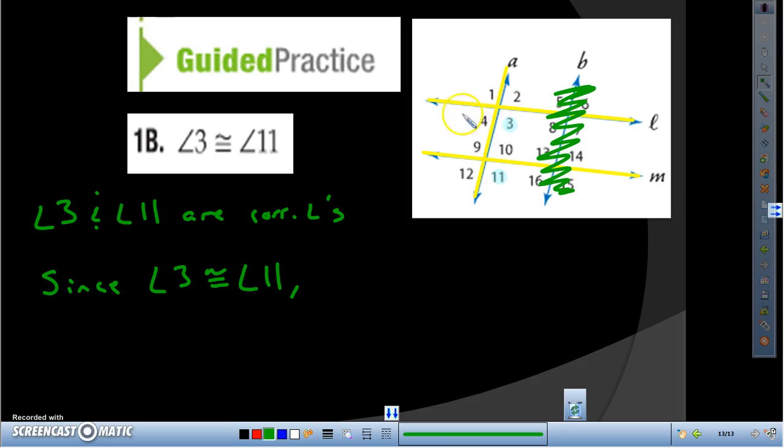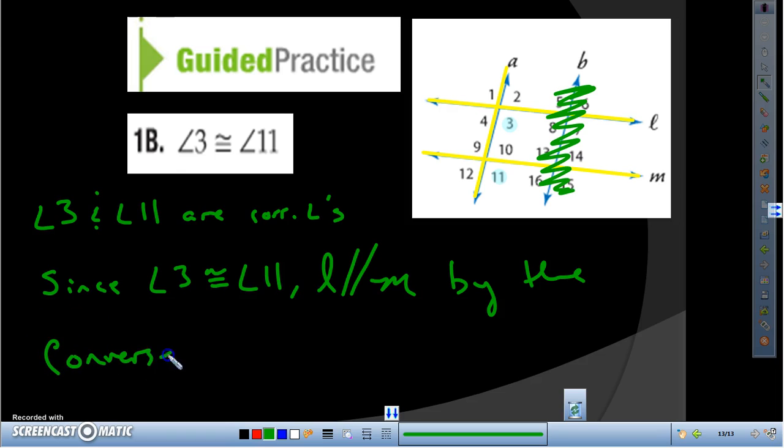I can say that line L is, I'm sorry, not congruent, parallel to line M. And what did I use? I used the converse of the corresponding angles theorem.